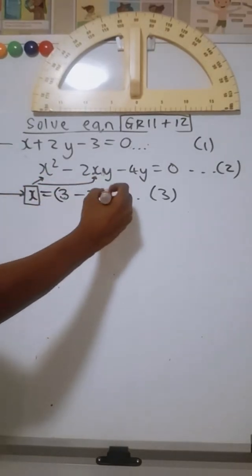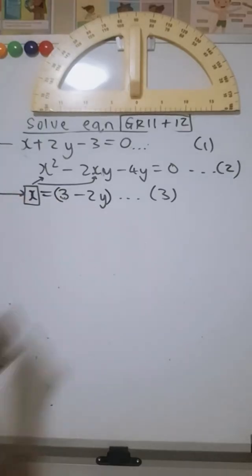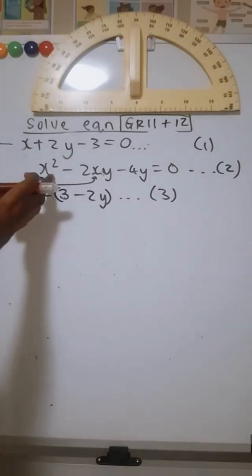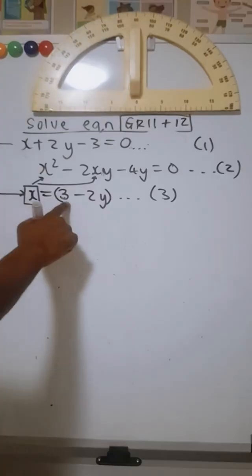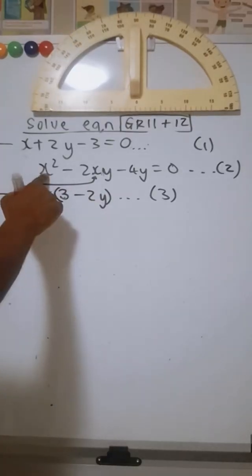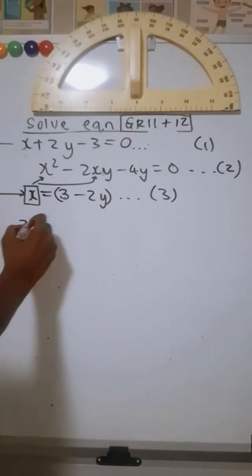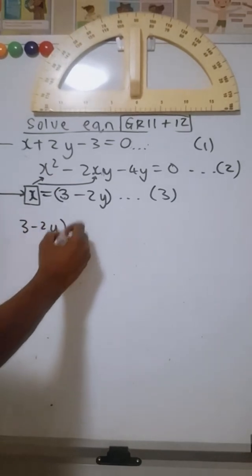Now, after making x the subject, that means where x is in this equation, we are going to substitute in brackets the expression 3 minus 2y. Where x is, we are going to substitute the expression 3 minus 2y in the other equation. So in this equation, where x is, we are substituting 3 minus 2y.